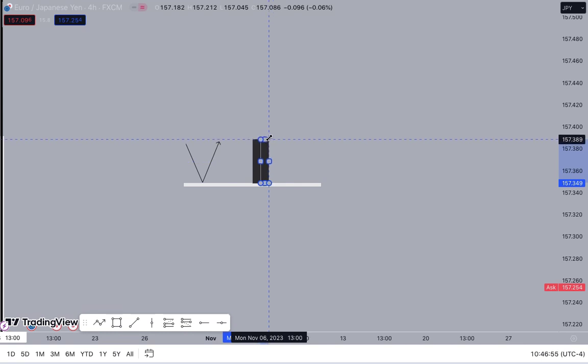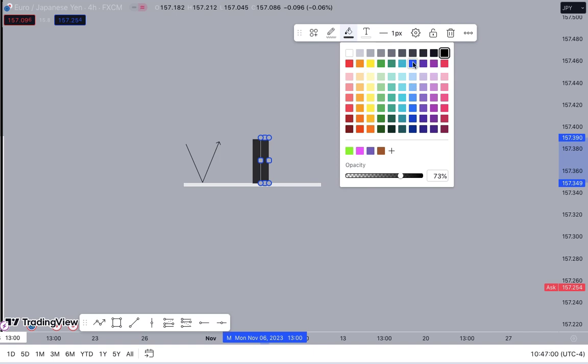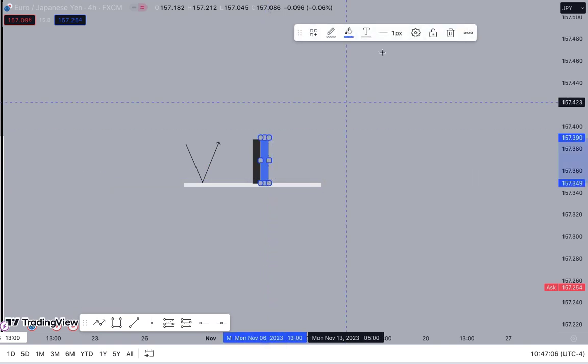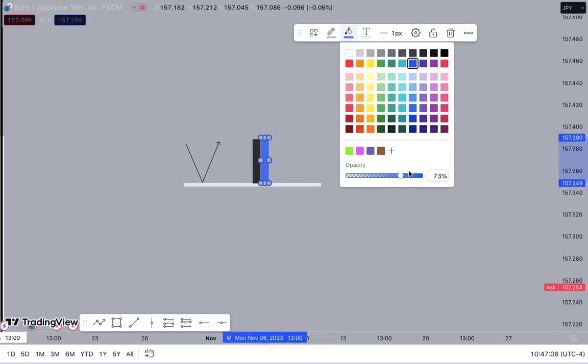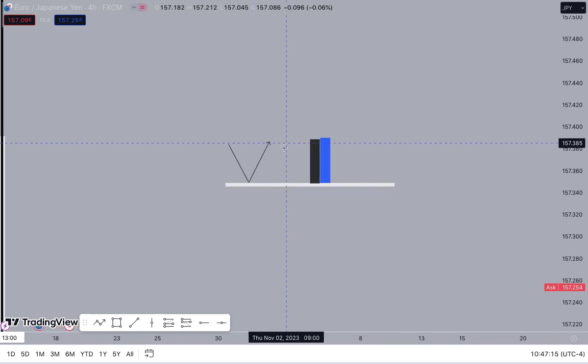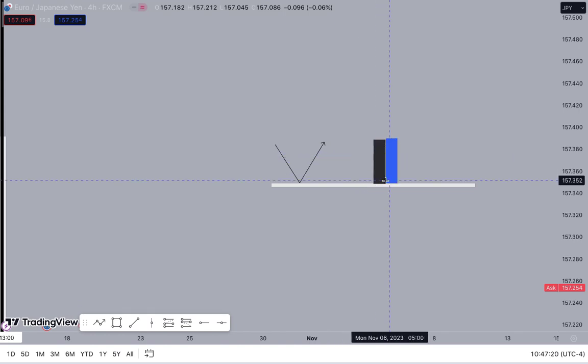It doesn't have to be perfect though. So on the weekly, this is a weekly support level. Why? Because these two candles formed on the weekly.